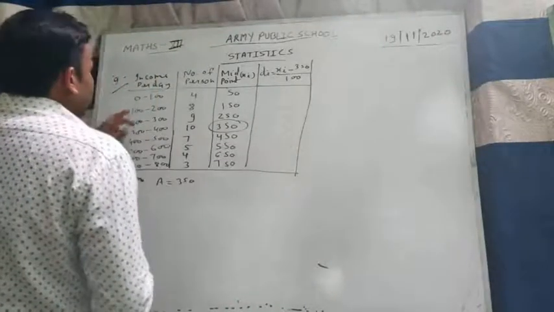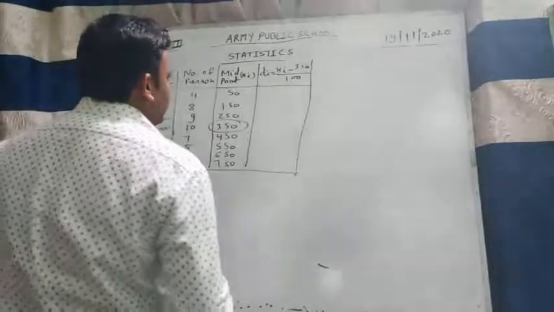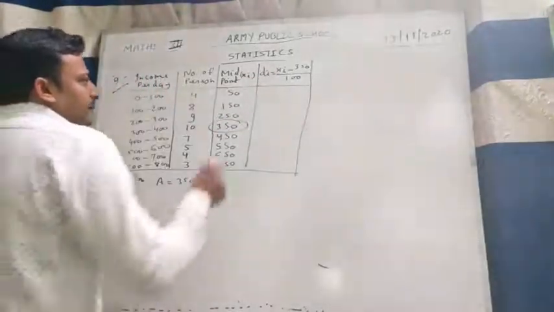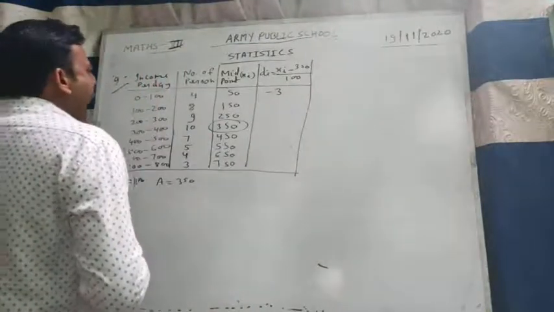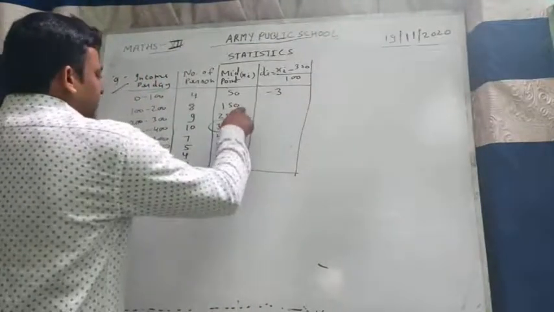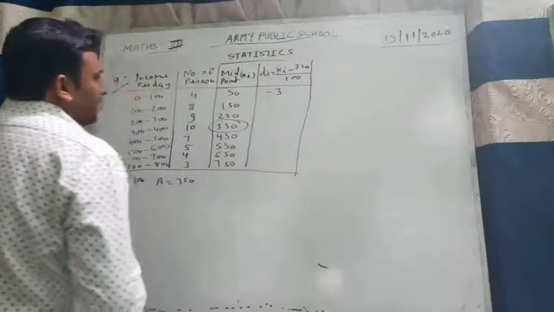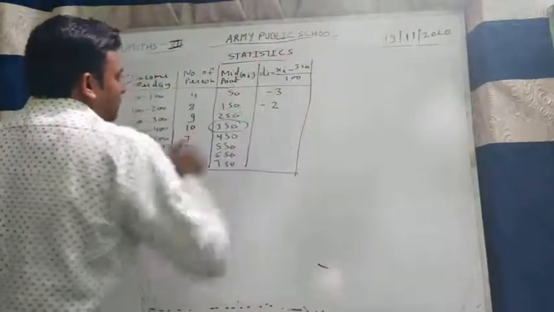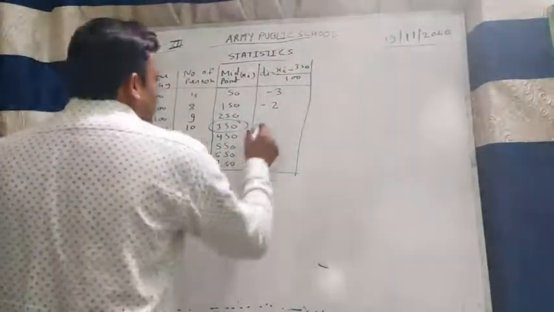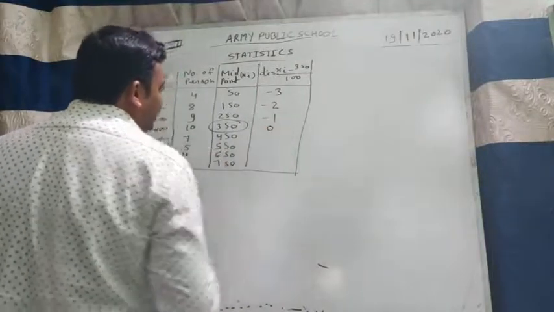Here xi is 50, 50 minus 350, so it will be minus 3. Next 150 minus 350, minus 200, so minus 2. 250 minus 350, minus 100, so minus 1. 350 minus 350, it will be 0.